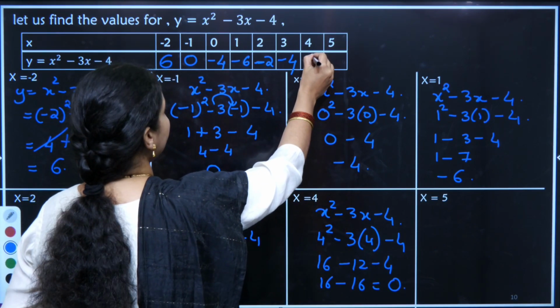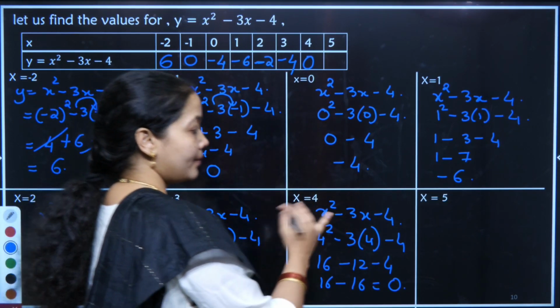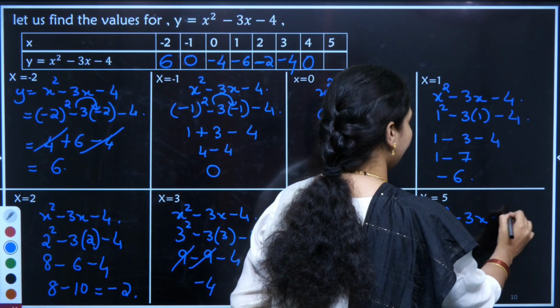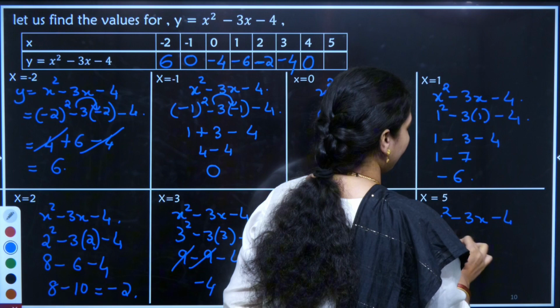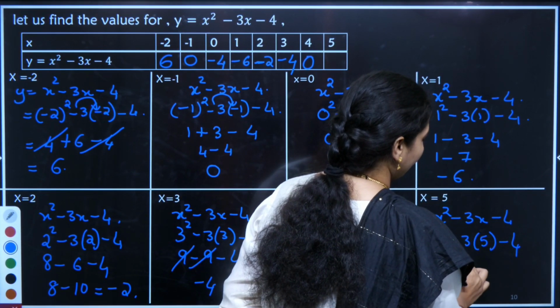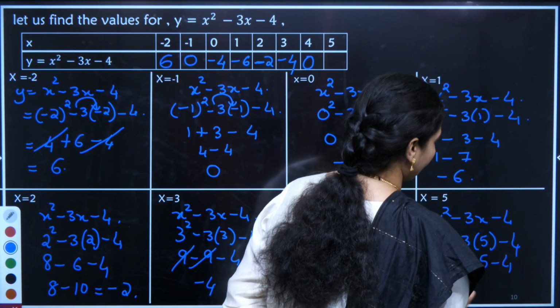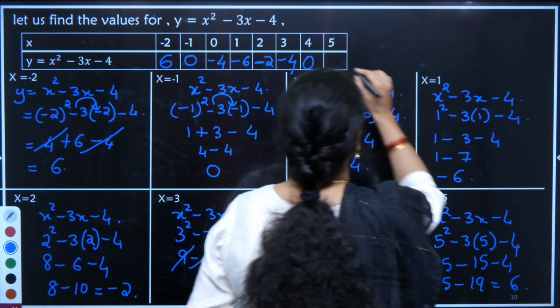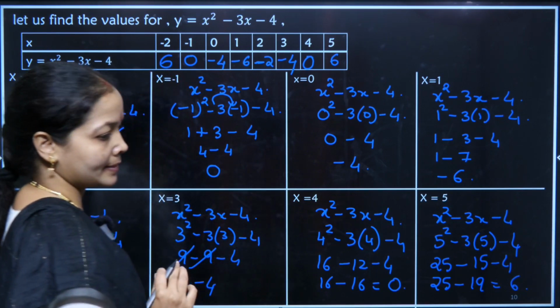So y is turning 0 here. Same way, let us check for x equal to 5. X square minus 3x minus 4 is 5 square minus 3 into 5 minus 4. 25 minus 15 minus 4, 25 minus 19 is 6, plus 6. So this is turning plus 6.